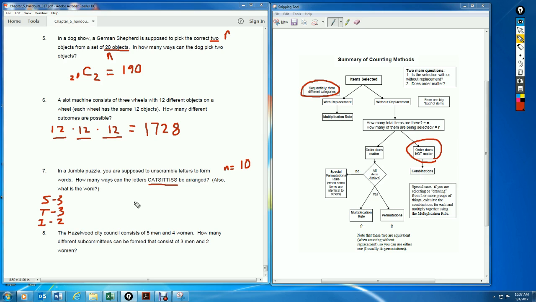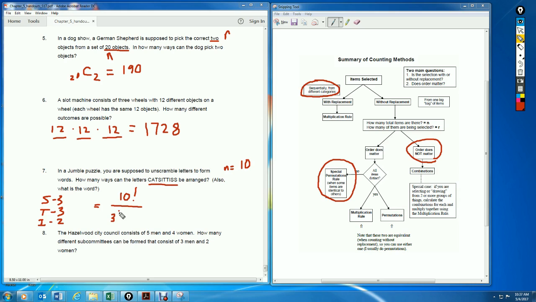All right. So in this case, the order matters. That's the whole point. How many ways can we order the letters? Are all the items distinct? No. So we're going to use that special permutations rule. So the number of permutations is n factorial, which is 10 factorial, over, and then I've got a 3, a 3, and a 2.